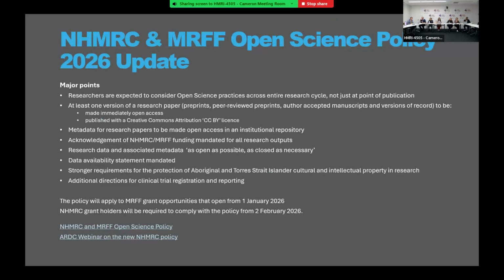So this year the NHMRC and MRFF updated their policy as well. So some of the key things are here on the slide, but one of the major things that they've included here is they've changed the name from an open access policy to open science policy, which does broaden their focus and opens it up to that entire research. It's not just about making the publication open.